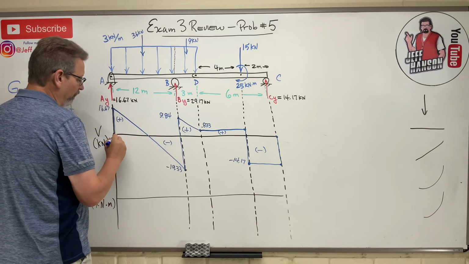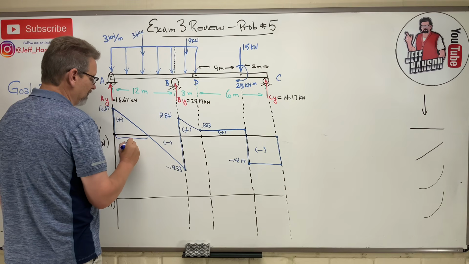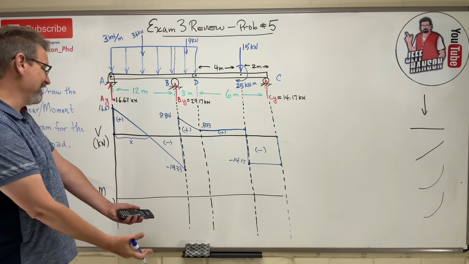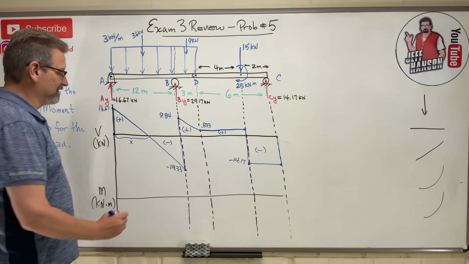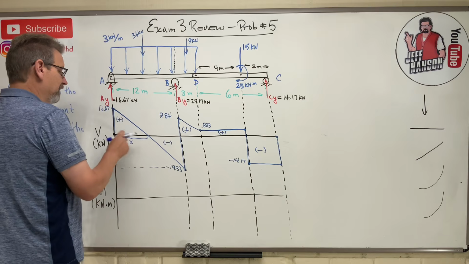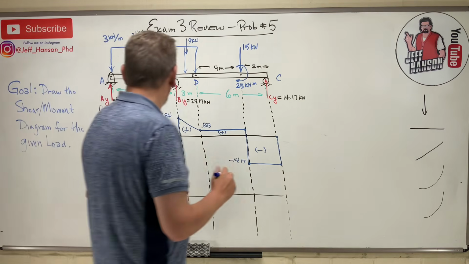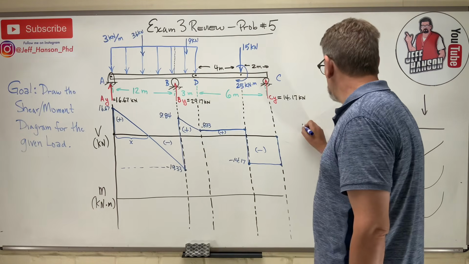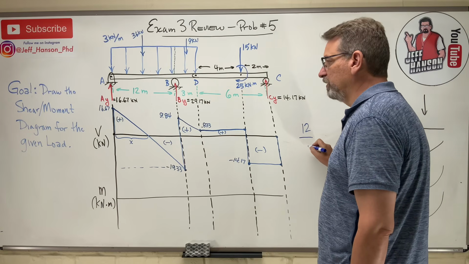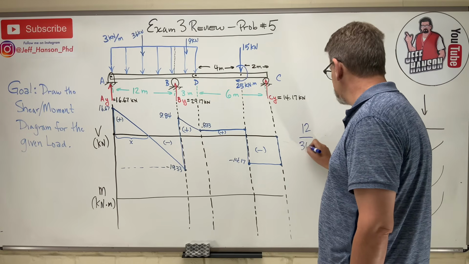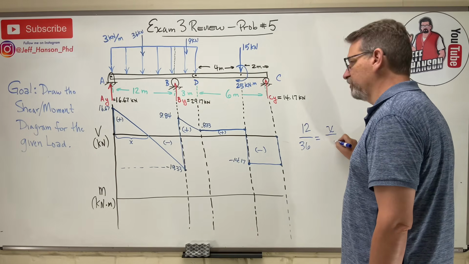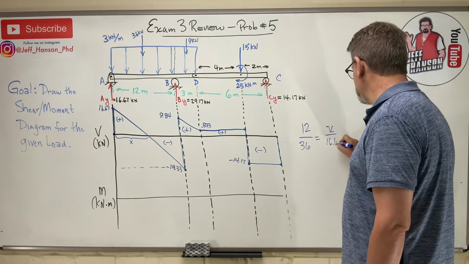Now, one thing I don't know is what that distance right there is. I'm going to call it X, okay? I don't know how to find that. Well, how about this? Similar triangles, okay? So you got a big triangle here is to the little triangle, right? So here we go. 12, right? The big triangle is 12 is to, what was that total distance? 36, as X is to 16.67, right?